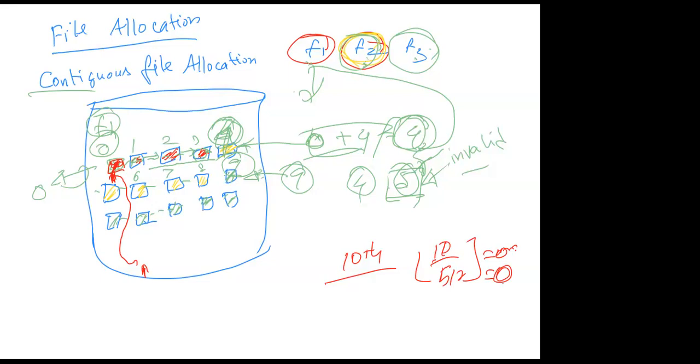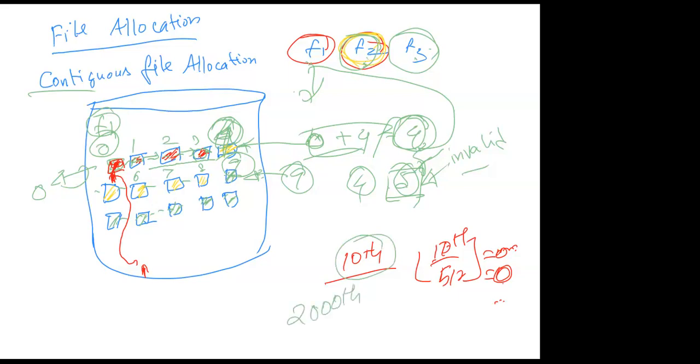Next, let's say it asks for byte 1000. Again you divide the byte number by 512, and you get 1 point something, so this is block number 1. Or let's give a bigger number: say it asks for byte 2000.